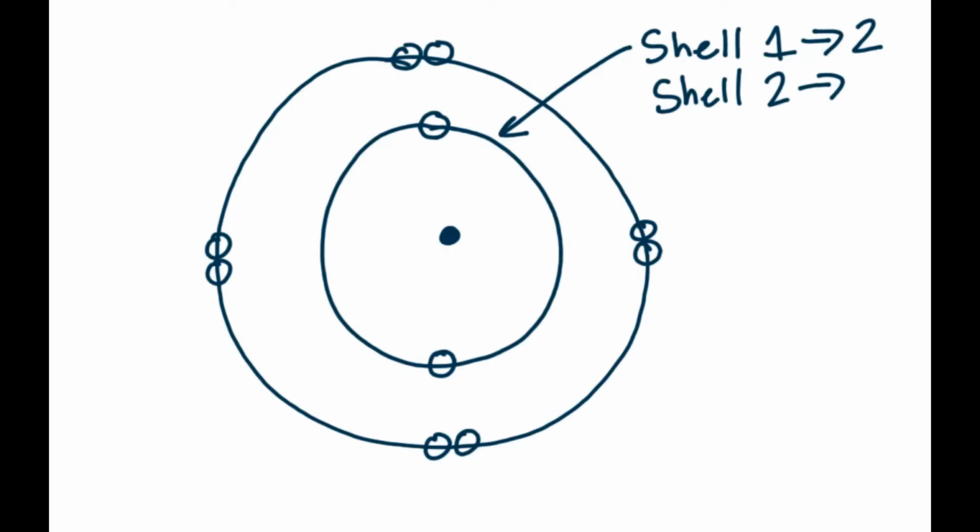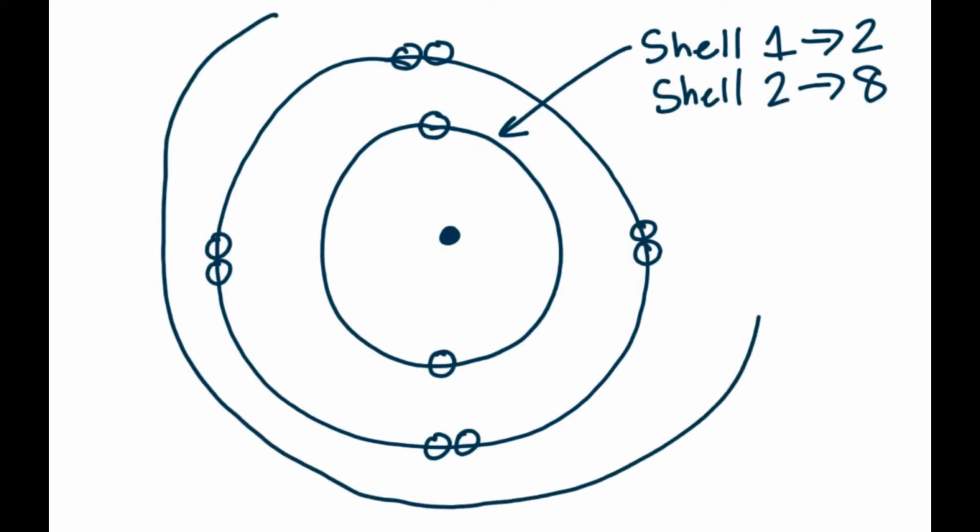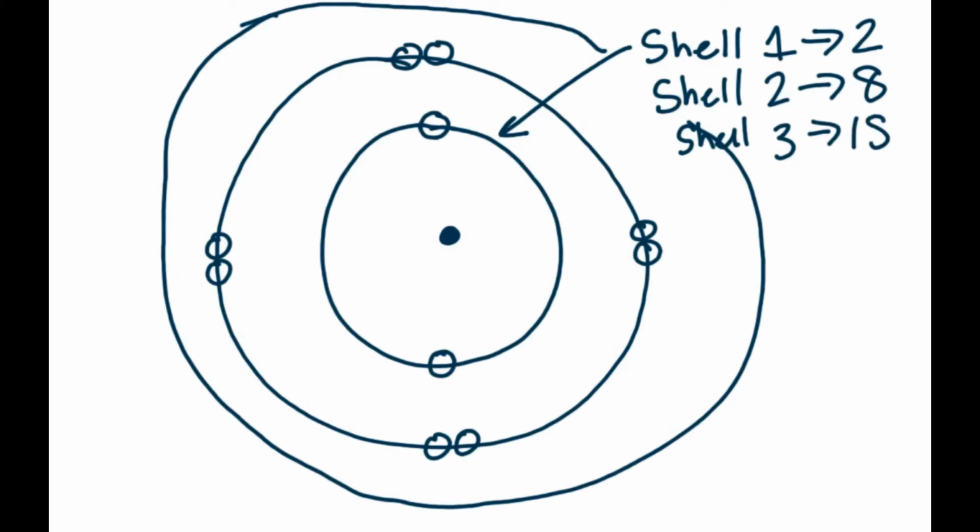The third shell, which I'm going to have a hard time drawing right here, it's kind of too big, so this is shell 3, I'm not going to really draw them out, it can hold 18 electrons. Depending on what atom you have, you're going to be able to fill up those spots in these different shells.